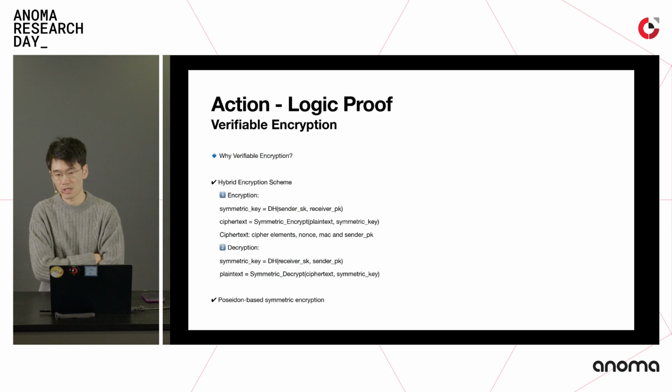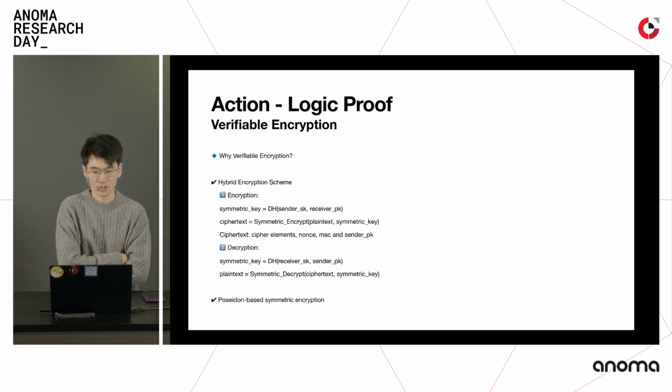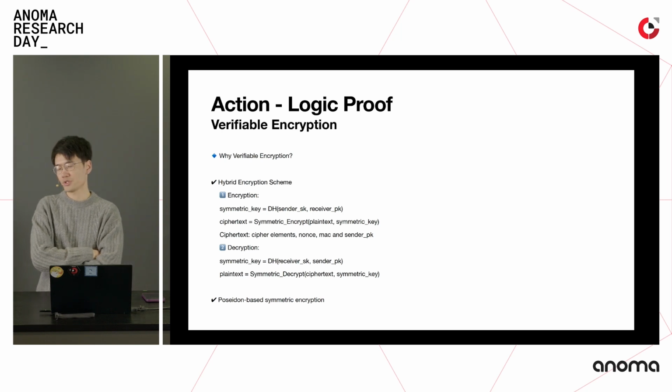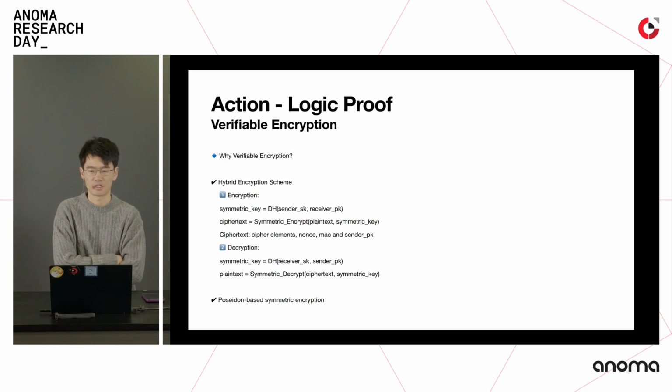Okay, let's talk about the verifiable encryption in logic proof. Why do we need verifiable encryption? In general, there are two kinds of encryption in blockchain, like out-of-band encryption and inbound encryption.